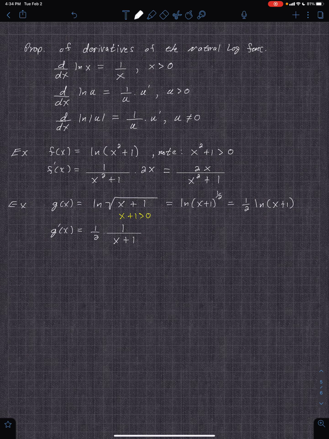And then the derivative of that is just 1. So that's really just 1 over, it's rather simple actually, 2 times (x plus 1).